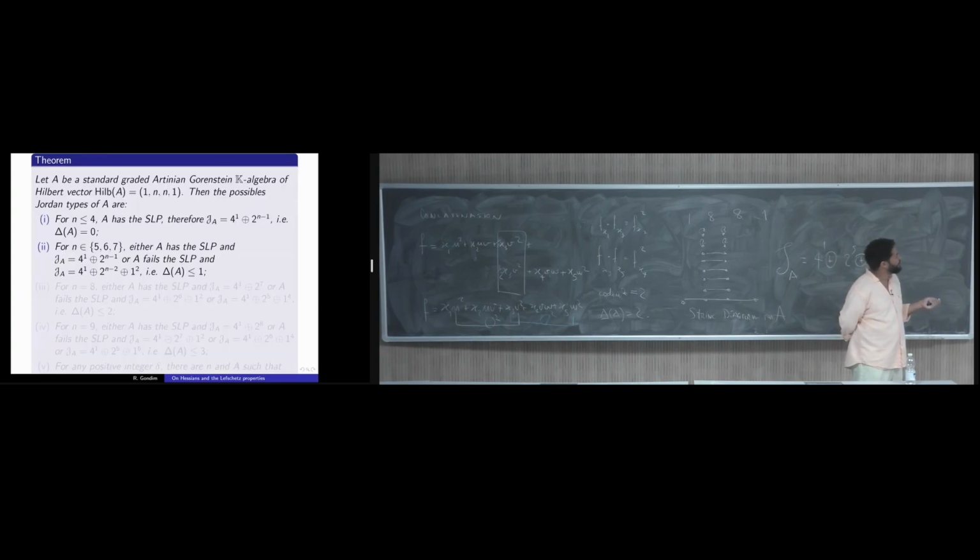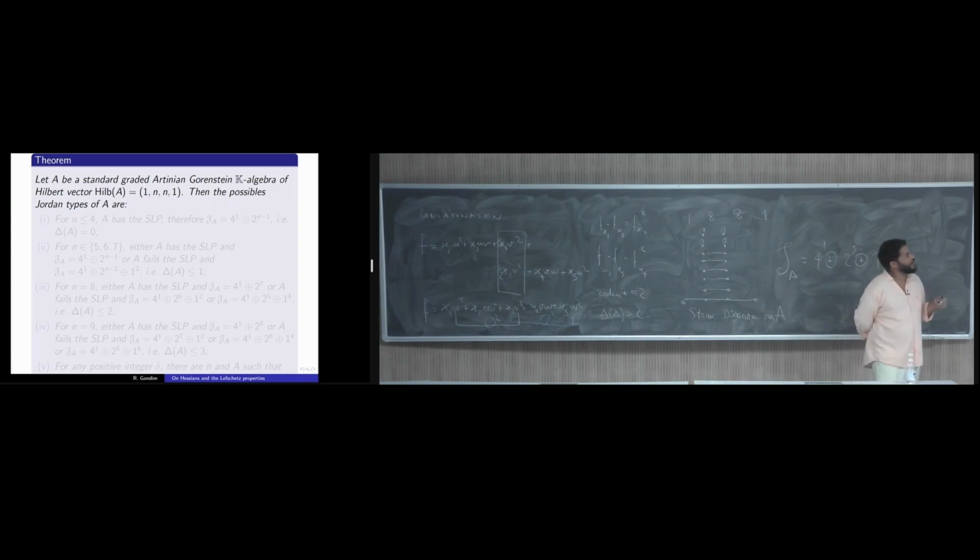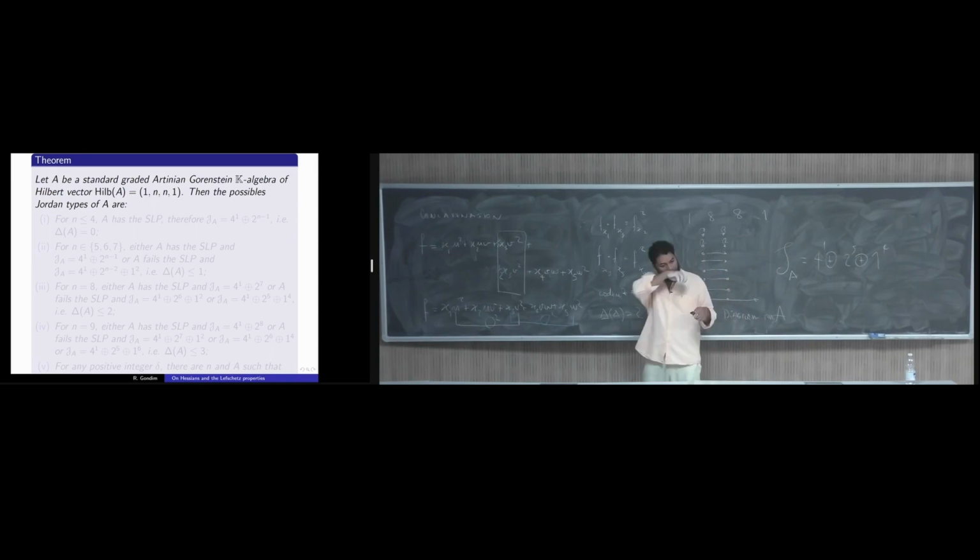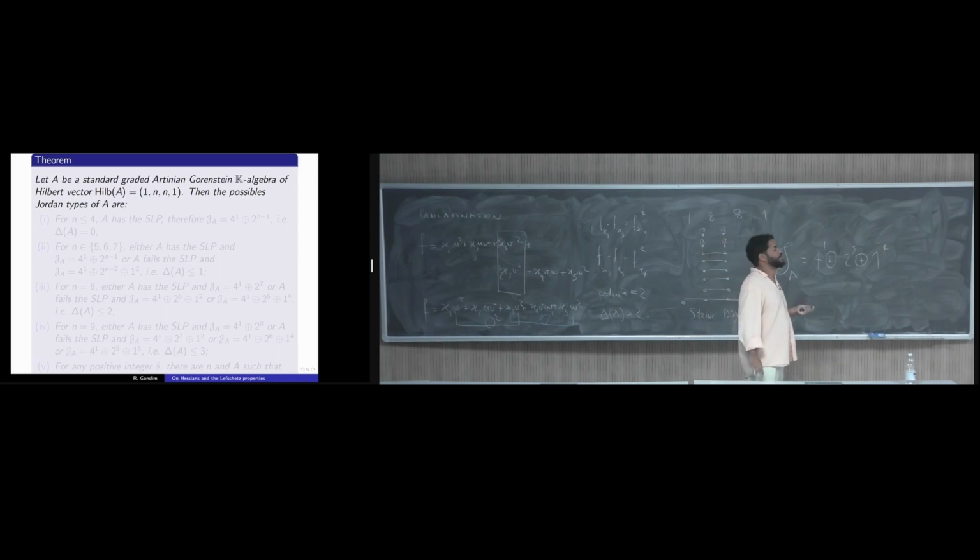We have just proved this theorem. Let A be a standard graded Artinian Gorenstein K-algebra of codimension n and socle degree 3. Then the possible Jordan types of A are, at least in low dimension, up to 8, 9, something like that.